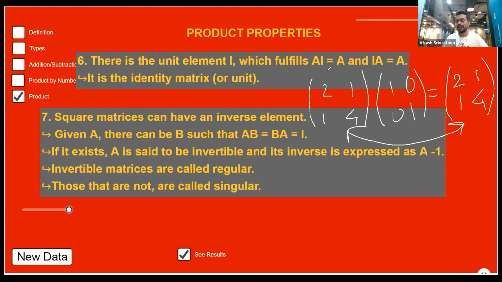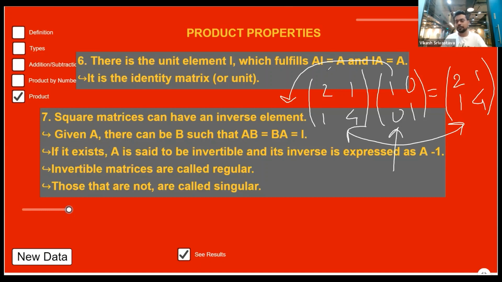So if you multiply any matrix with the identity matrix, here of course I have the identity matrix on the right hand side, but even if you move it to the left, the resultant matrix will be that same matrix. So this unit element or the identity matrix, when we multiply any matrix with it, essentially leaves that matrix unchanged.